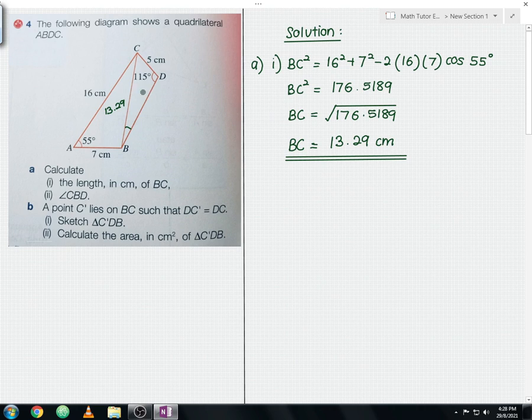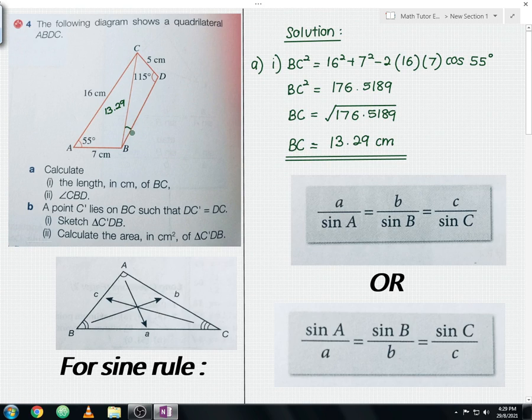As you can see here, this length 13.29 corresponds to the angle 115 degree. However, for this length 5 centimeter, the corresponding angle we don't know. So in order to find this missing angle, we can find out using the sine rule. So let us begin our discussion for the question A part 2.